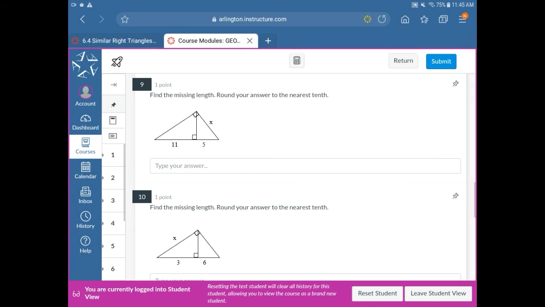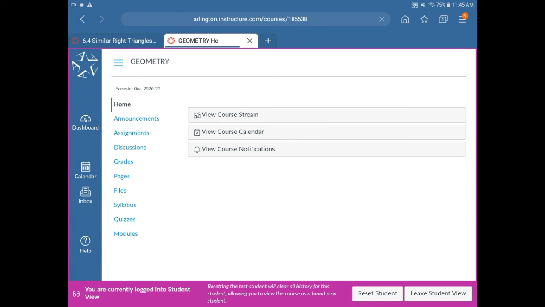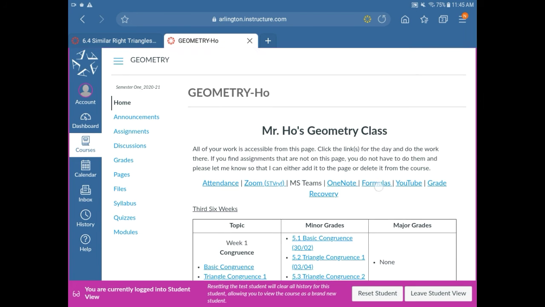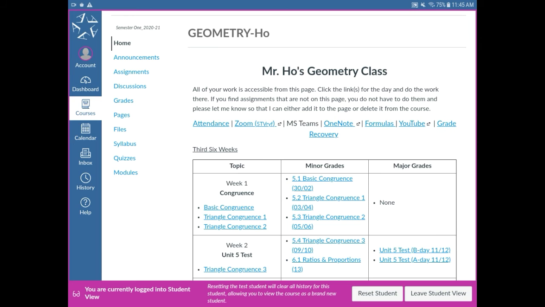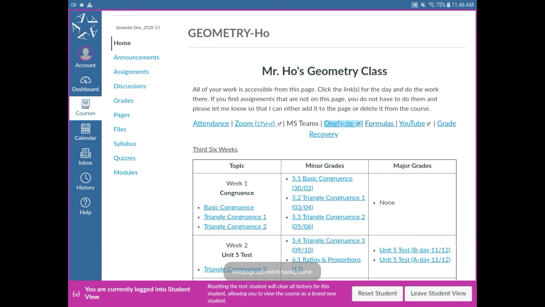Let's see what else we got. Oh yeah, the place I'm getting these from, there's formulas that you need to do these. So I'm going to click on this formula thing, but now that I'm doing the voiceover for this, I know that it's not on this page. So, sorry past Mr. Ho, this is not the right place to go.